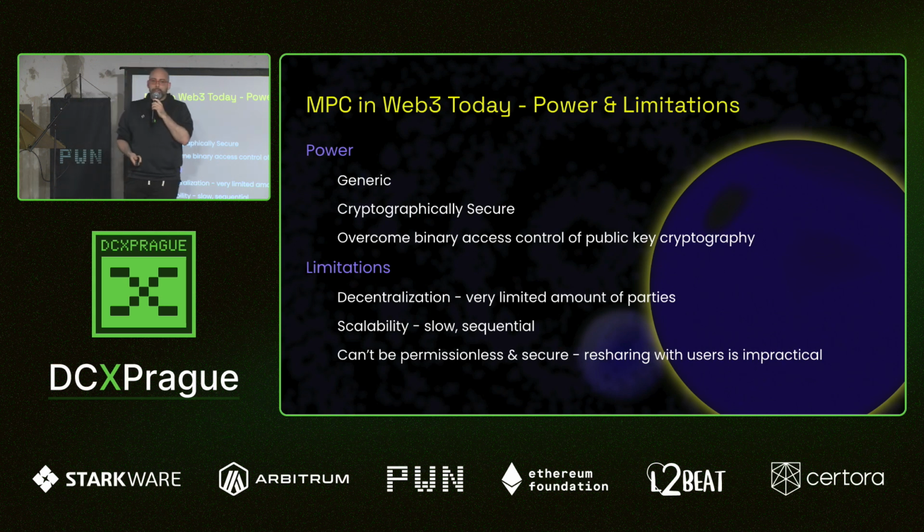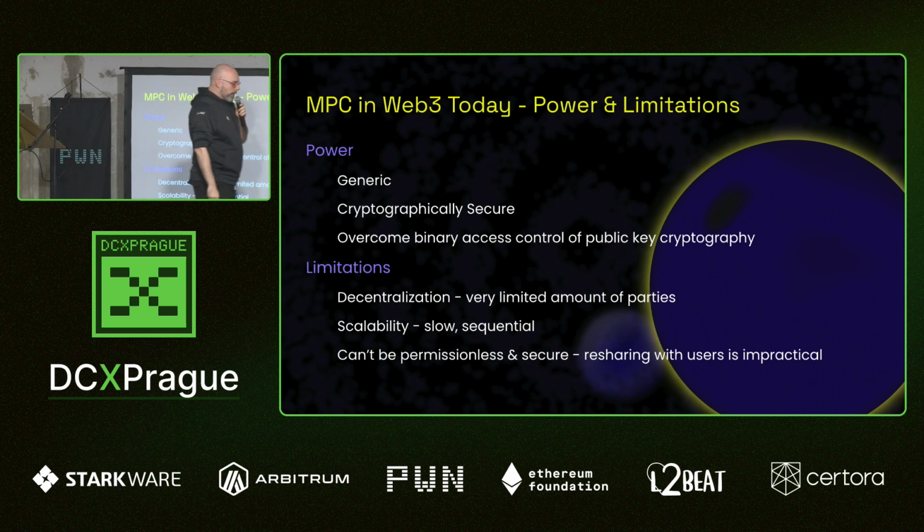People think about MPC like you're taking the private key and breaking it, like Shamir secret sharing, into shares. But the image that people have is that the more shares you collect, the closer you get to the private key.